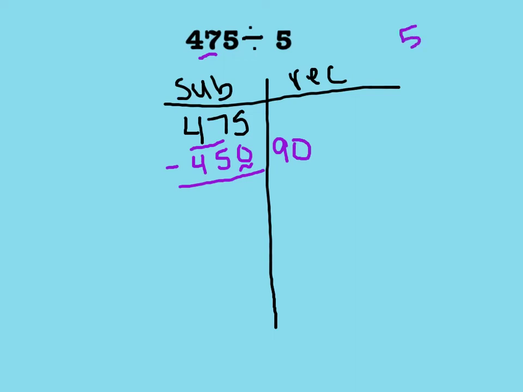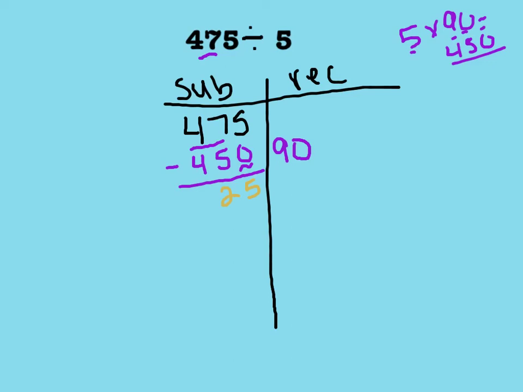So I have 5 times 90. Well, 5 times 9 is 45, plus my 0, yep, 450. I was right. So that is 90 groups of 5. So when I do my subtraction, I get 25 left. So I still have 25 left that I need to subtract.